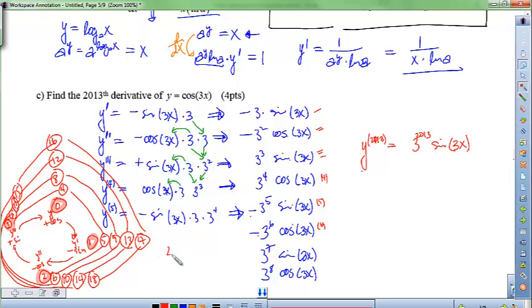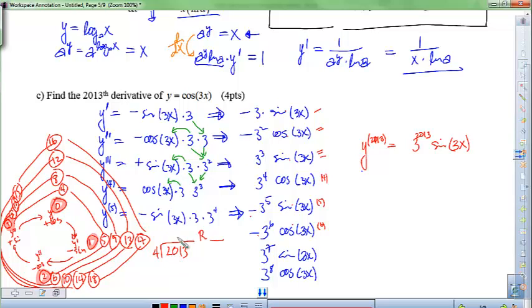So if you take 2013 and divide it by 4, the remainder is going to be either 0, 1, 2, or 3, because it's divided by 4, and then that remainder is going to match with the first, second, third, or fourth derivative.